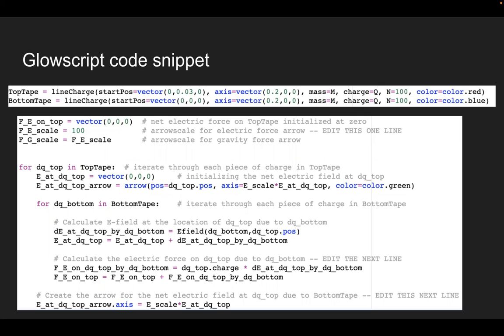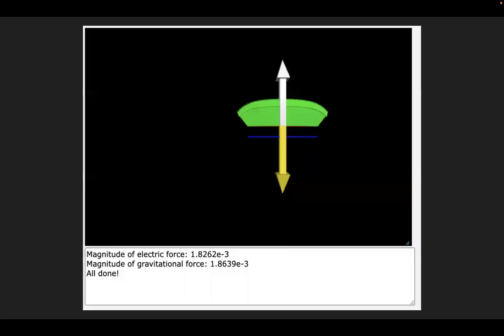And using these two tapes, we basically calculated the net electric field from one of the tapes to the other by creating 100 segments and calculating the electric field of each segment and summing them all together using the principle of superposition. And as a result, this was our Glowscript model. And we got that the magnitude of the electric force was, again, 1.8262 times 10 to the negative 3. And the magnitude of the gravitational force was 1.8639 times 10 to the negative 3.